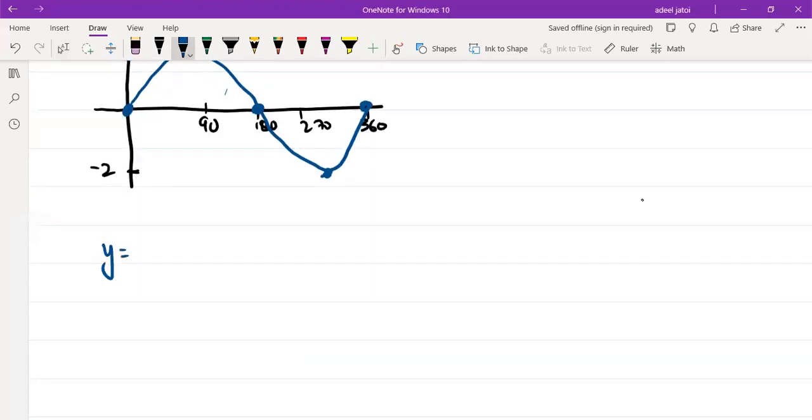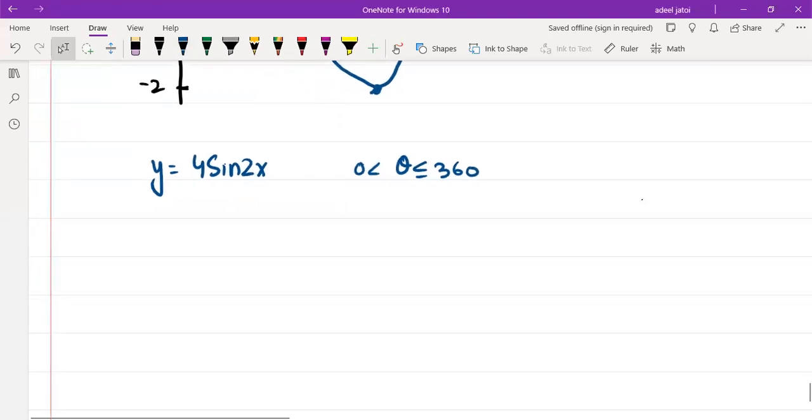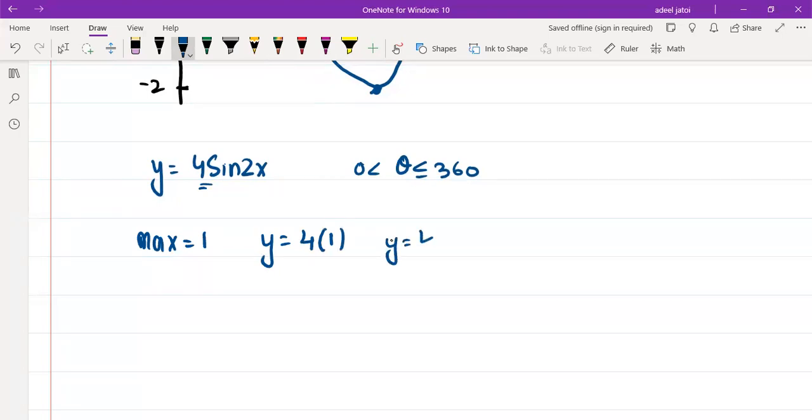Okay, y is equal to 4 sine 2x now. Sine 2x determines that you need to have 2 cycles now. If the range is not given, we'll consider till 360, but let's specify the range here. We are making it till 360. The amplitude is also there. Amplitude is 4. The maximum value of sine is always 1, so if I write 4 and 1 in place of the entire sine 2x, my maximum value will be 4.